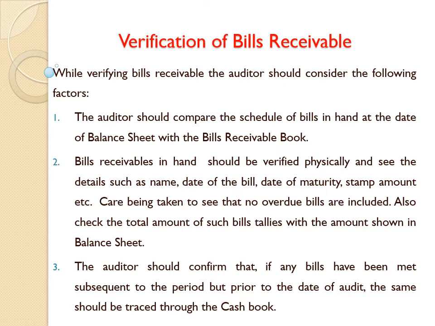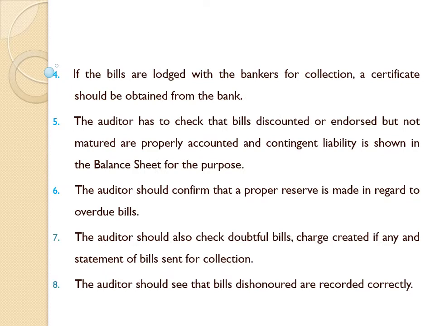The auditor should confirm that if the bills have been realized subsequent to the period but prior to the date of audit, the same should be traced through the cash book. So the cash book is also helpful for verification of bills receivable. If the bills are lodged with the bankers for collection, a certificate should be obtained from the bank.